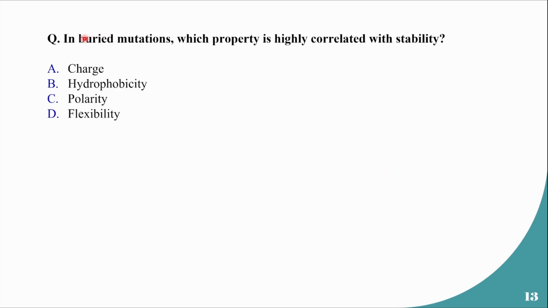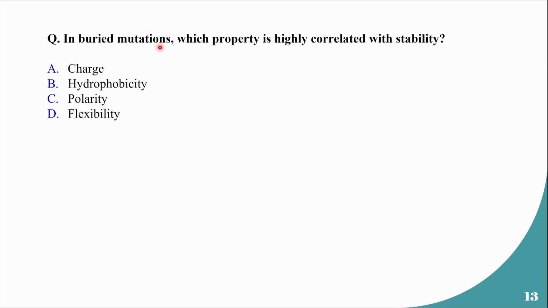So in this particular case, it is asking about buried mutations. Buried mutations occur on residues which are in a deeply buried position, away from the solvent, basically in the core part of the protein fold, not solvent exposed, right? So those will be the buried residues.